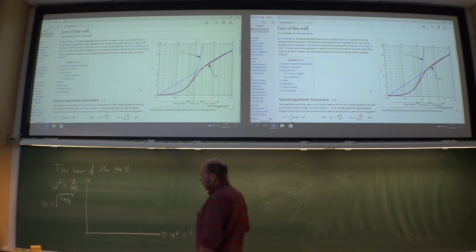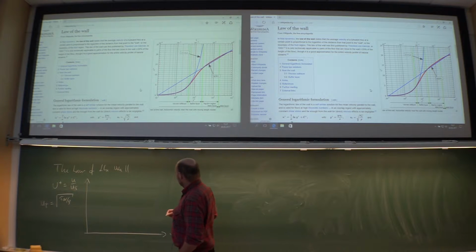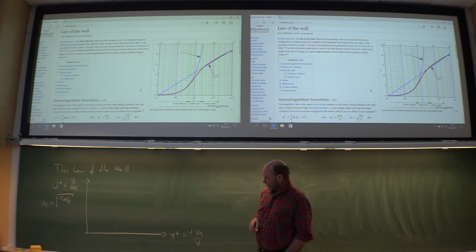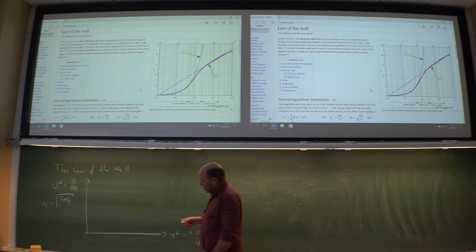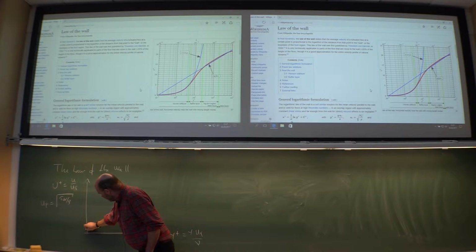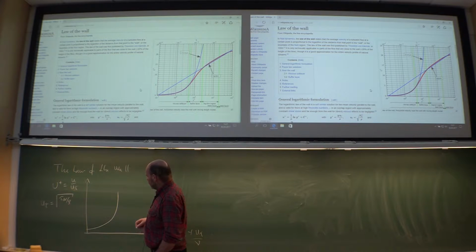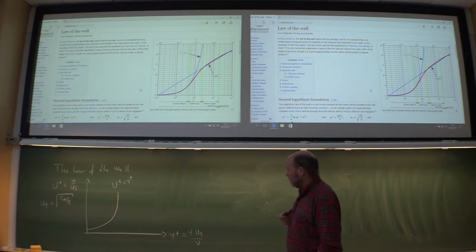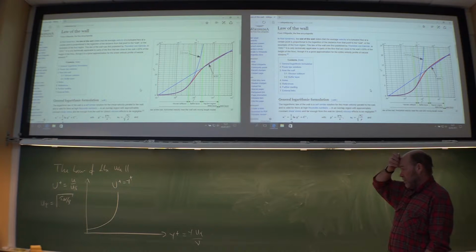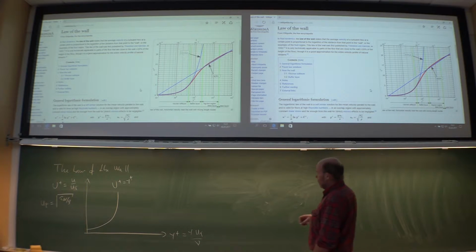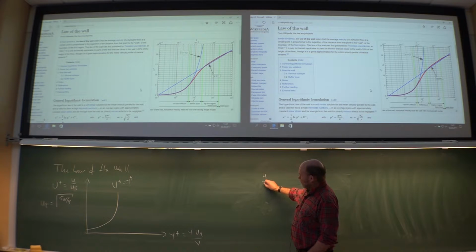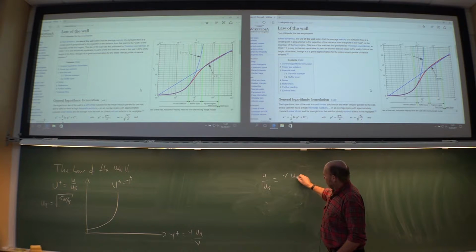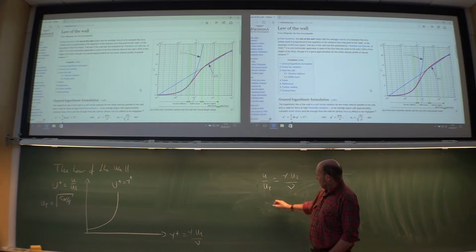Plot any measurements in the lab, velocity along a flat plate. You will have some region that looks like this. You will first have U plus equals Y plus. So these two will be in balance. And then if you start inserting the real velocity, U over U tau equals Y U tau over viscosity.